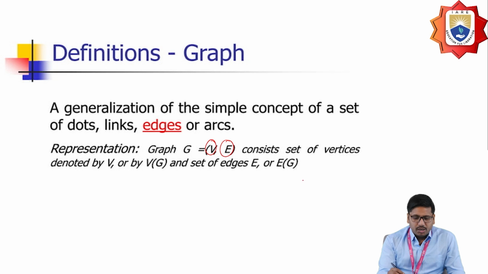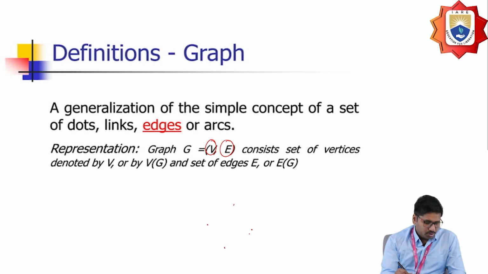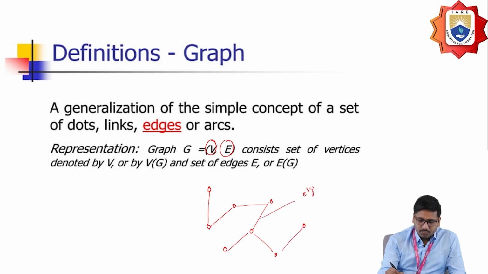One thing I would like to say is that a graph is a collection of points or nodes, which are represented as nodes and vertices, and these dots are connected by means of lines, which we call edges or arcs.